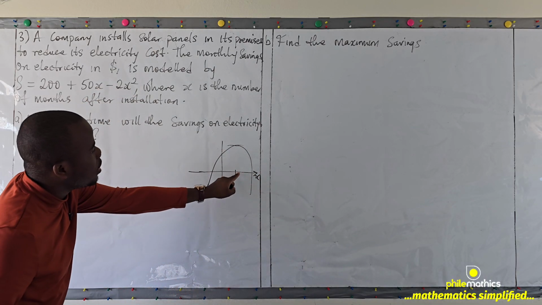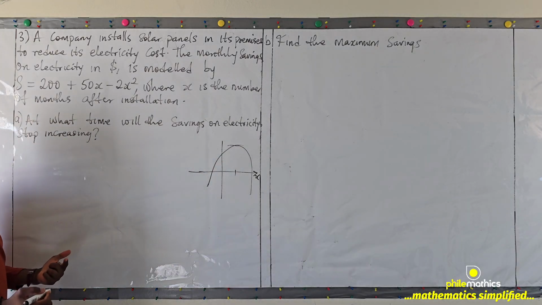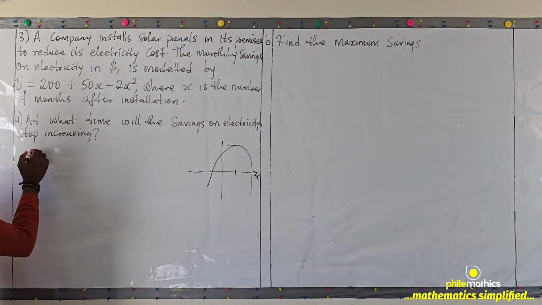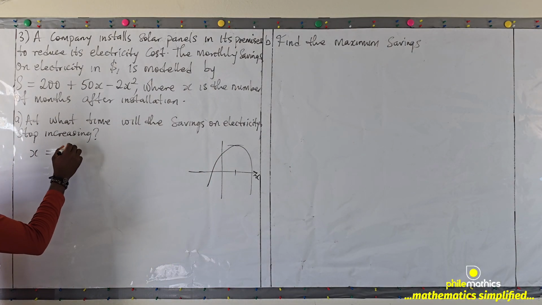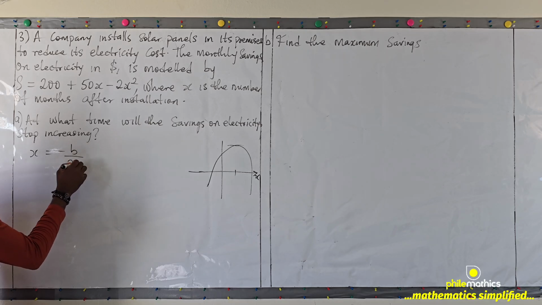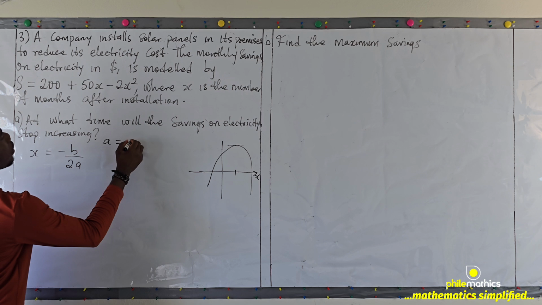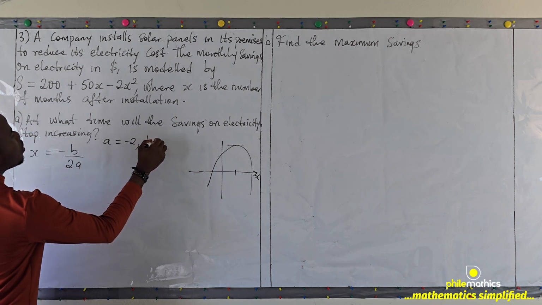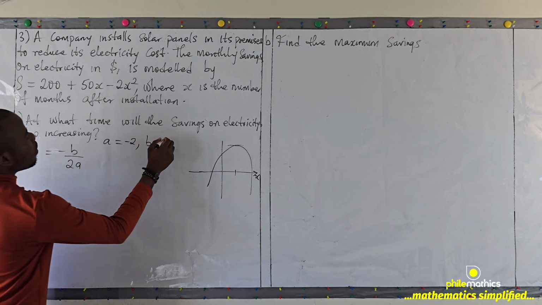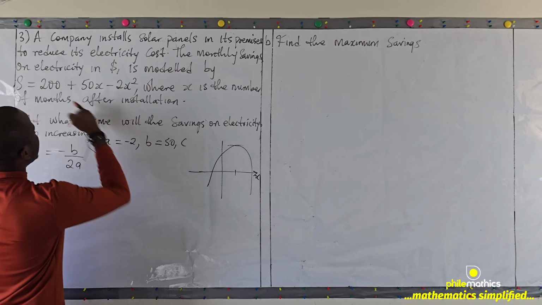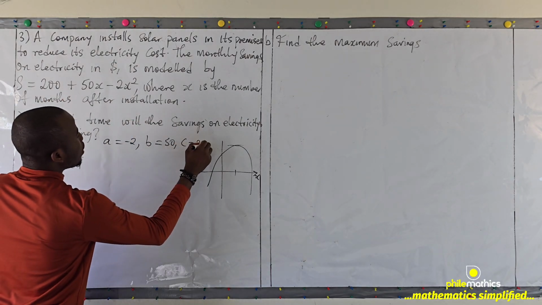For us to find what this is, there are two ways we can do it. We can either use the formula x equals minus b over 2a, where our a is the coefficient of x squared, minus 2, our b is the coefficient of x, 50, and our c is the constant 200.